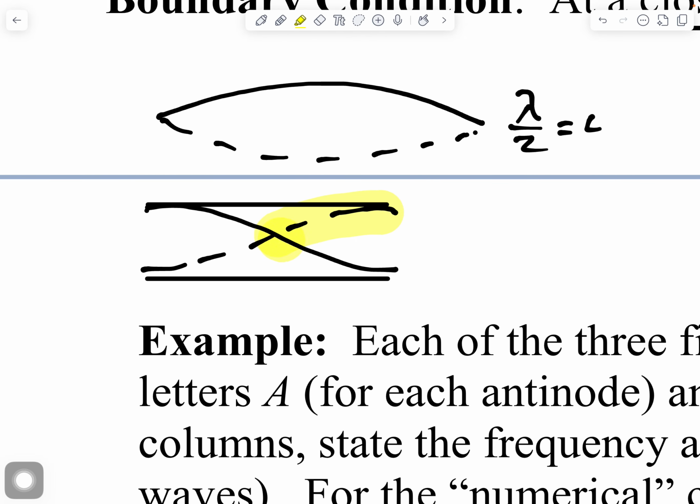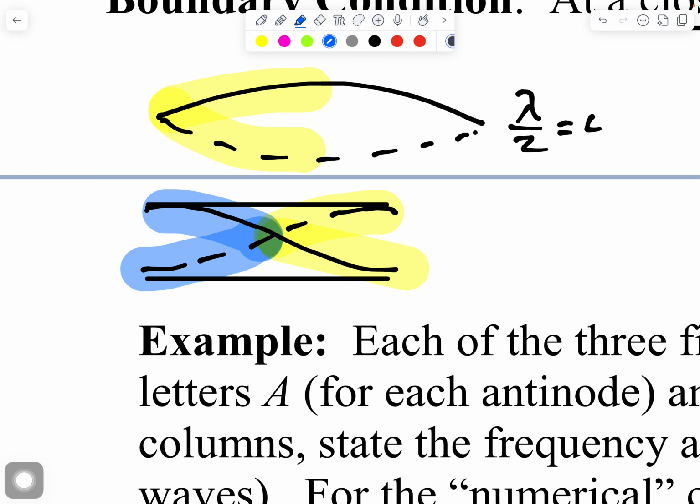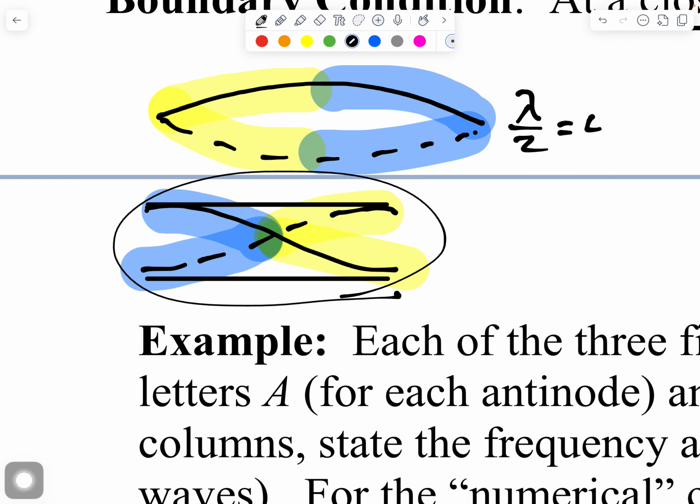This portion here looks just like this portion here. And this portion here looks just like this portion here. It's the same wave, but it's been disconnected and oriented back to back rather than looking right at each other. So this is the fundamental frequency for an open pipe.